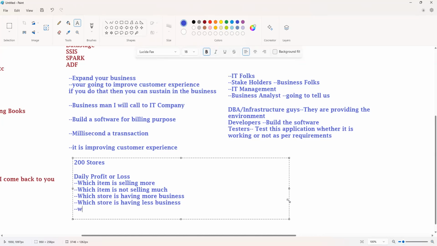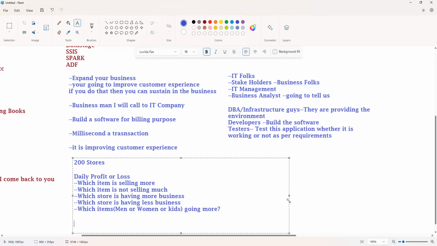Again, I'm going to ask one more scenario. Which items are going more: men's clothing, women's clothing, or kids' clothing? I'm asking this question to the business.